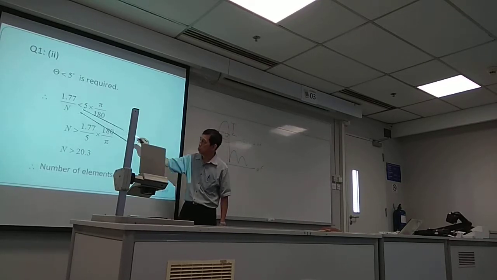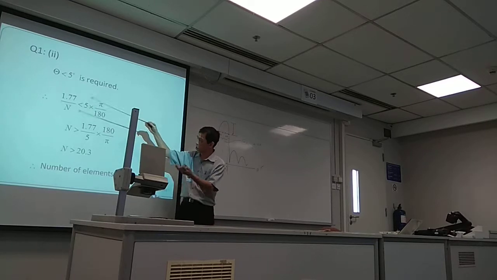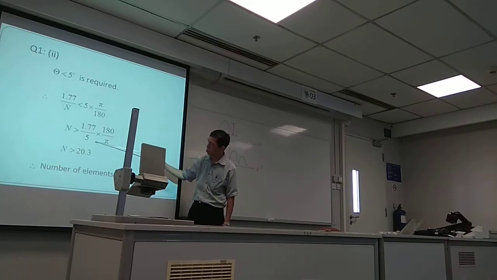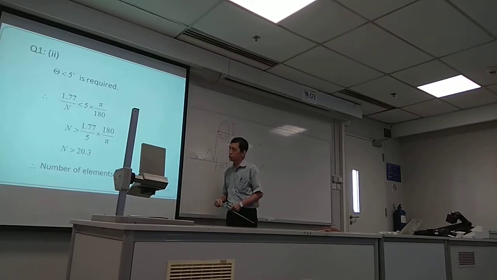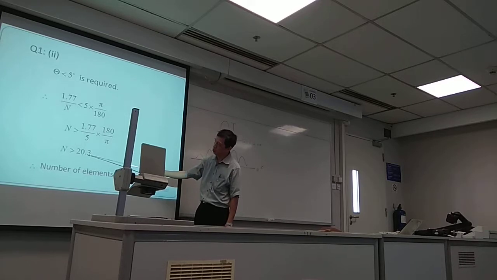So with that, the only unknown is n. Do a little bit of mathematical manipulation, and you end up with n to be greater than 20.3. Now though here you have a fractional value, round up 21, round down 20, right?